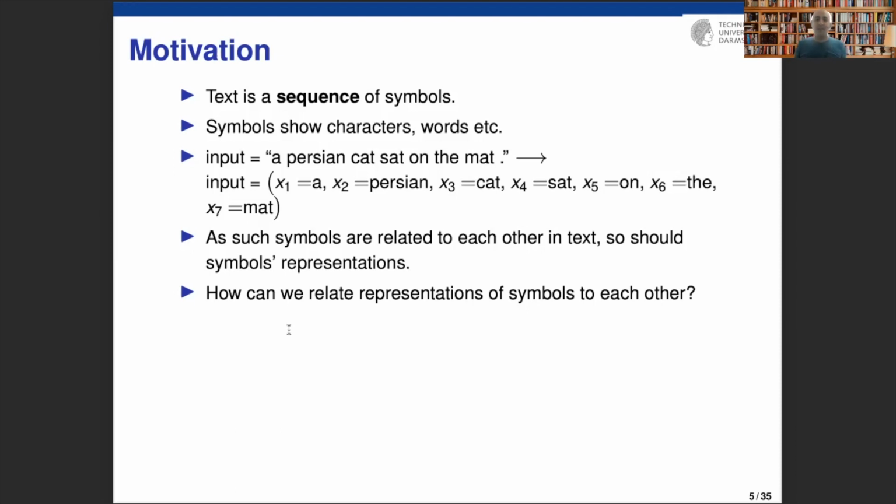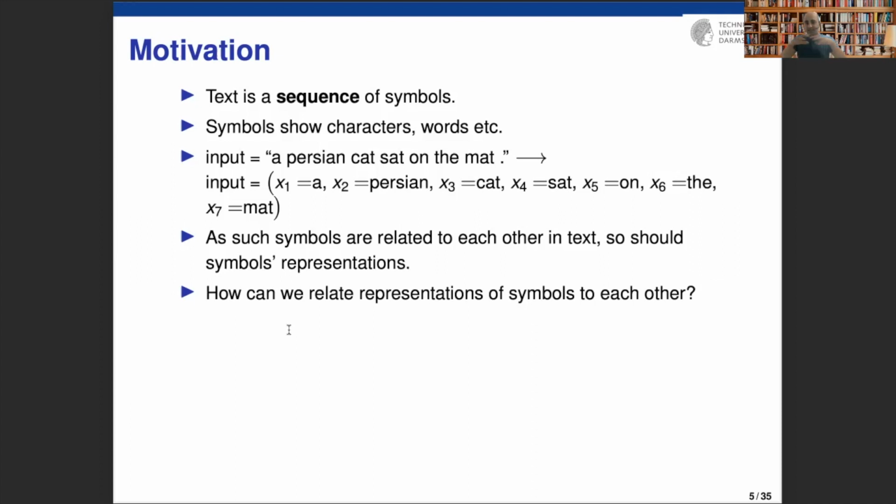So let's say the input text is "A Persian cat sat on the mat". The input is usually a sequence of words. So we have x1 equal to A, x2 is Persian, x3 is cat, x4 sat, x5 on, and so on. So this is the input.